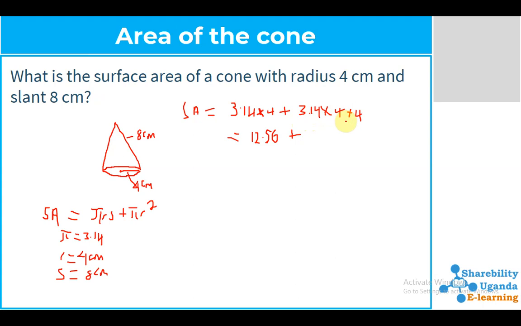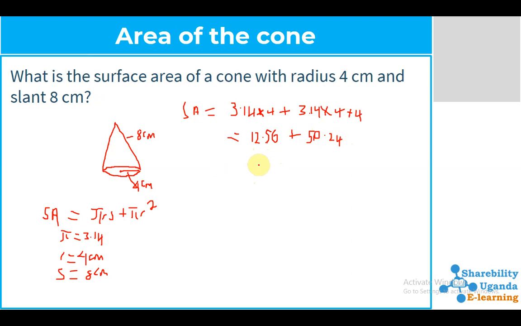What is 4 times 4? 4 times 4 is 16. So here we have 3.14 times 16, and we come up with 50.24.